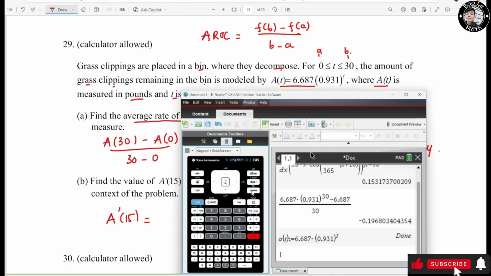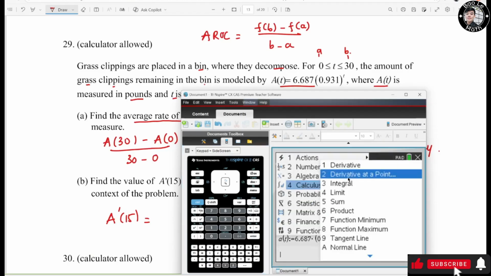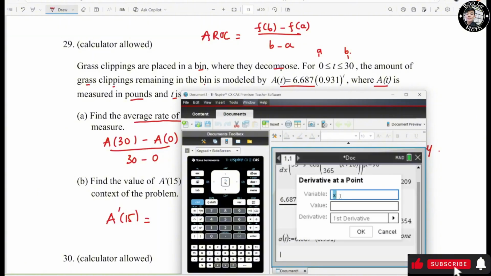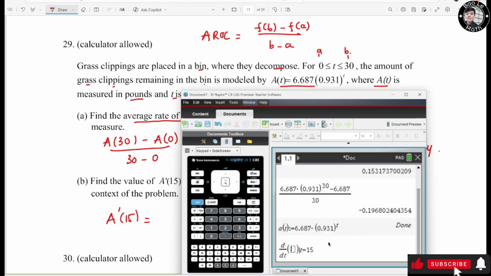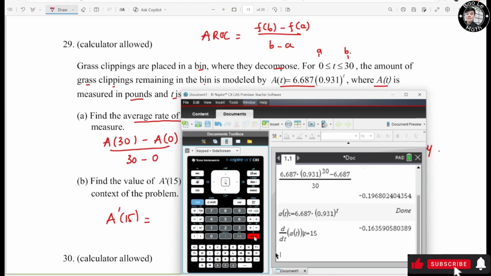Alright, now you need to evaluate the derivative of this at t equals 15. So you're going to press menu, calculus, derivative at a point right here. This one I just change to t, and the value right here should be 15, and then press OK. So I'm going to put the function right here, A of t, and then press Control Enter.